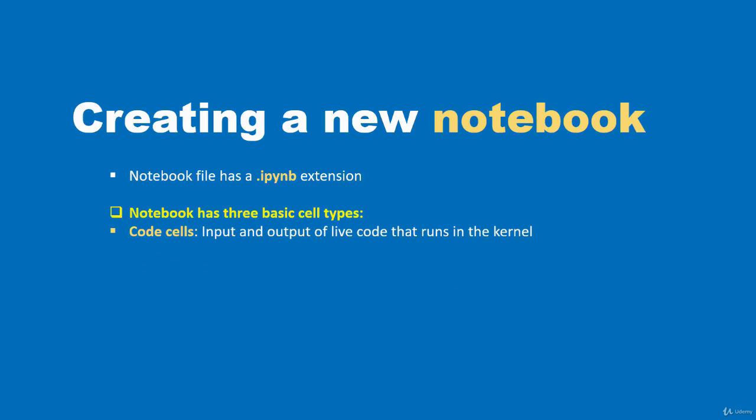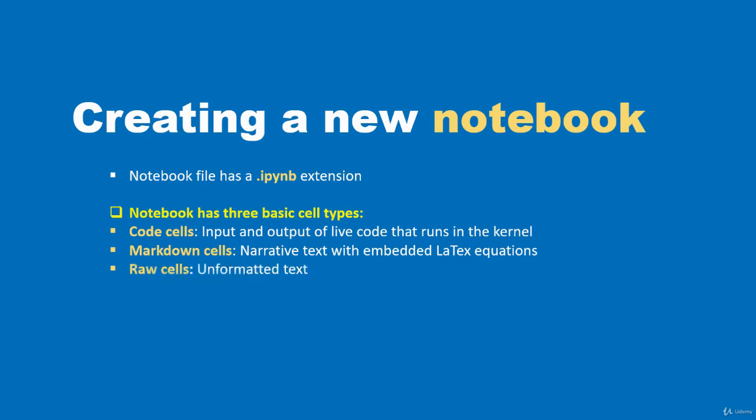Then we have the markdown cells, which are narrative text that contains embedded LaTeX equations. We also have the raw cells, which include unformatted text. Also, notebooks can be exported to different static formats, which include HTML and PDF.